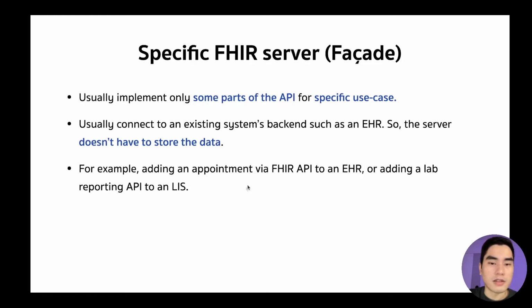For example, let's say that we have an existing EHR, but we want to accept the FHIR API in the appointment module. So we have a facade for that module, or adding a lab report API to an LIS so that other systems can get the lab result in a FHIR resource format.